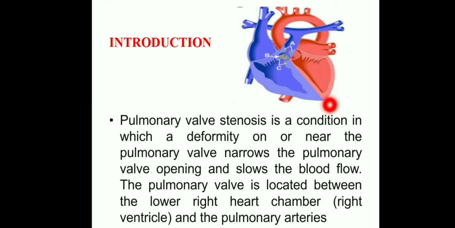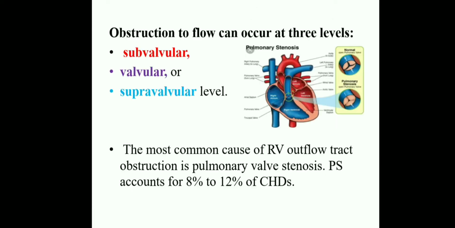When the ventricle contracts, the deoxygenated blood enters the pulmonary artery and goes into the lungs, where purification is done. But in this condition, because of the stenosis, the blood flow does not move properly. The blood flow to the pulmonary artery is very slow. So this is the introduction.